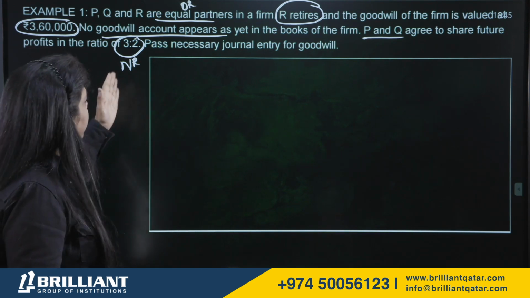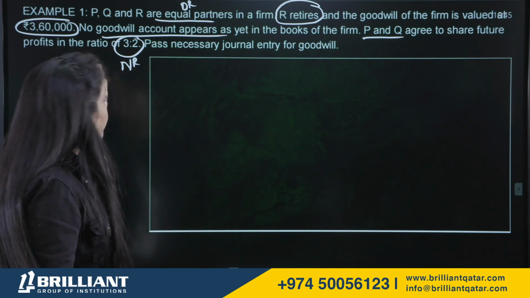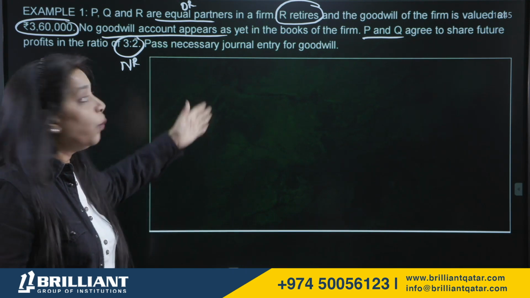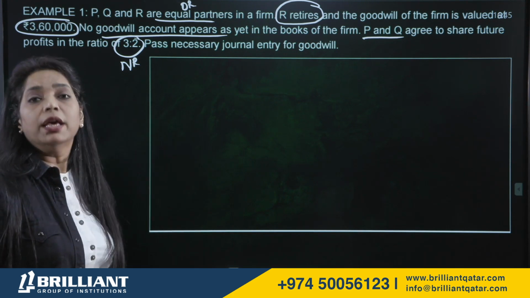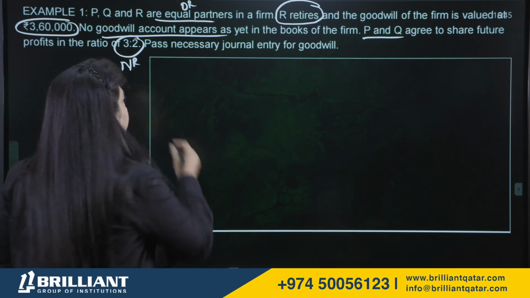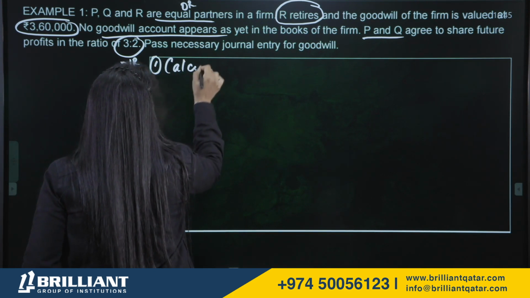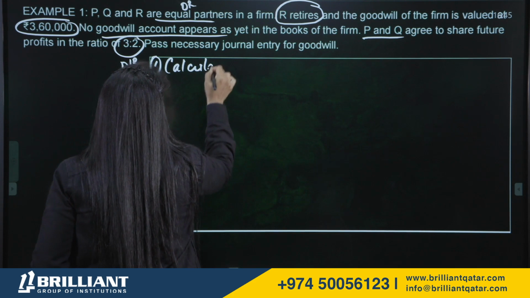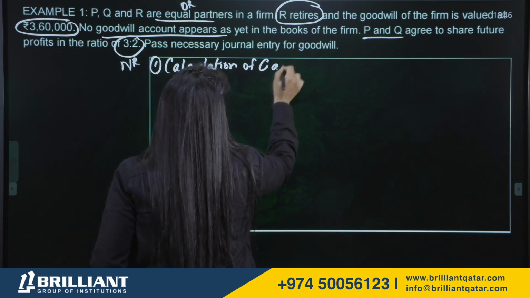So it's clearly given in the question that the old ratio is 1:1:1. The new ratio is 3:2. The goodwill is valued at 3,60,000. So step number 1 is you calculate the gaining ratio. Calculation of gaining ratio.